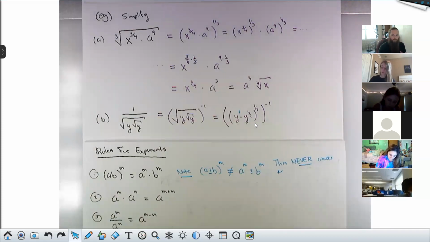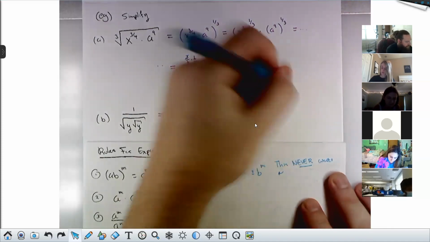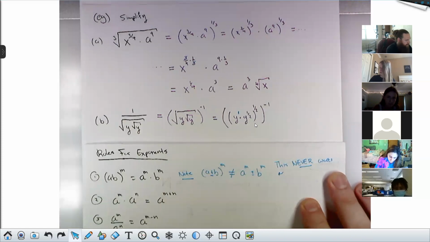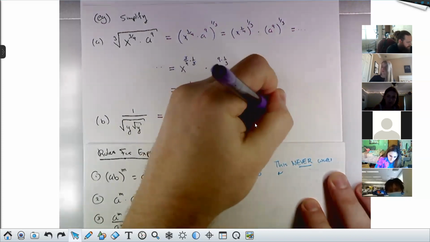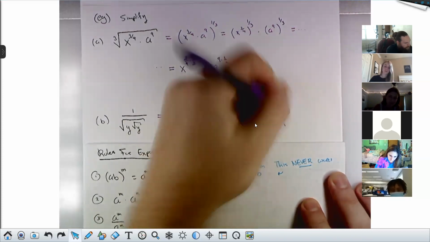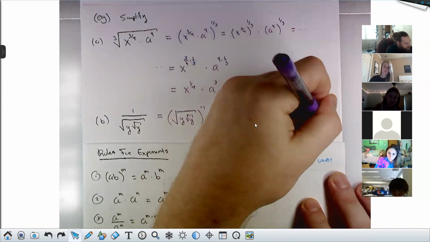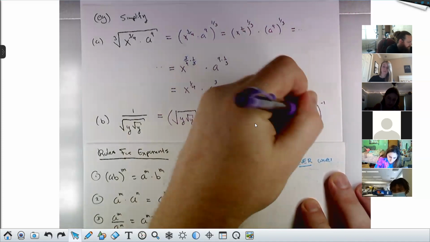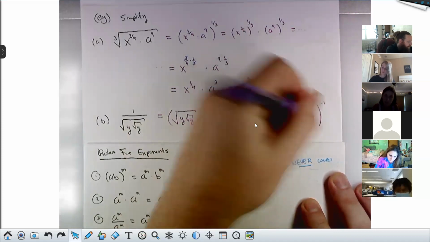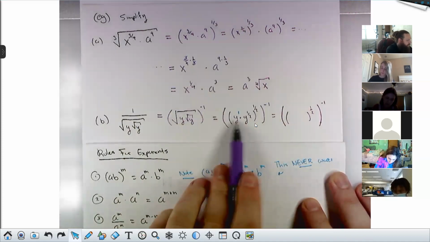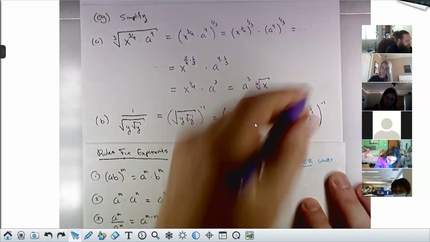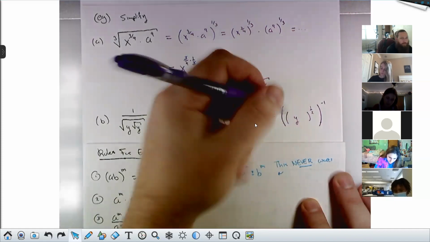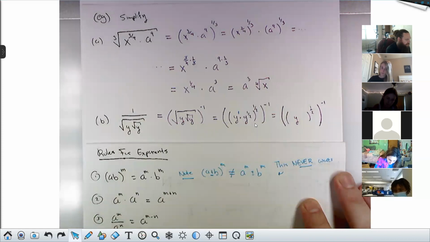So I have y to the 1 times y to the 1/2. That means I'm going to have equals. Here's my big parentheses with the negative first power on the outside. Here's my little parentheses with the 1/2 power inside. And then y to the 1 times y to the 1/2 is y to the 1 plus 1/2. What is 1 plus 1/2?